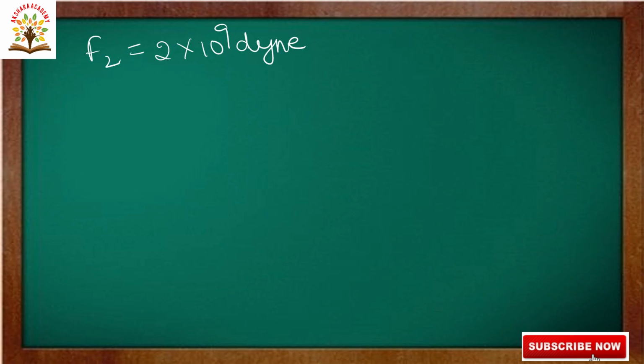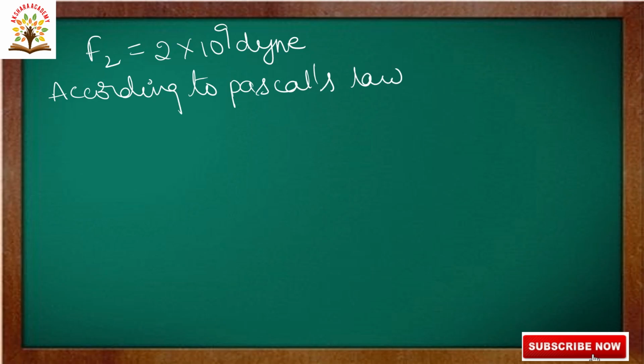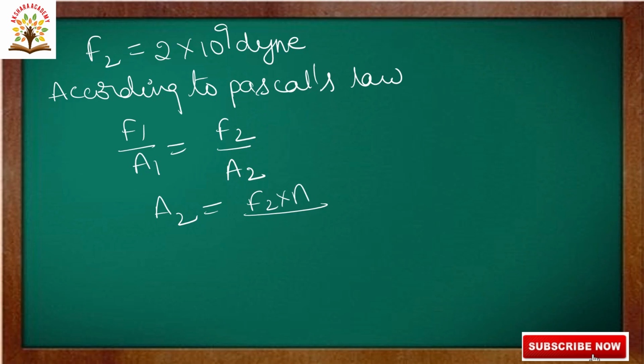Now according to Pascal's law, F1 by A1 is equals to F2 by A2. Now we have to calculate A2 by taking cross multiplication, A2 is equals to F2 into A1 by F1.